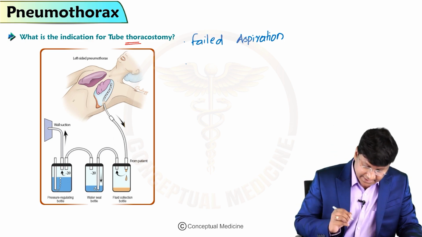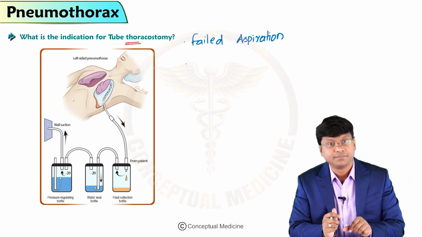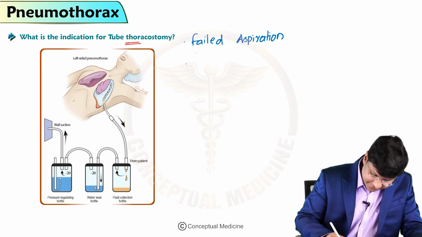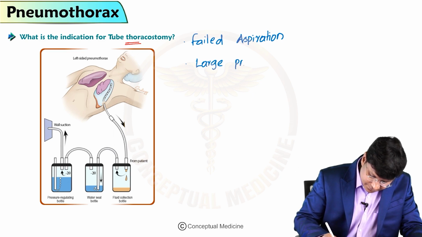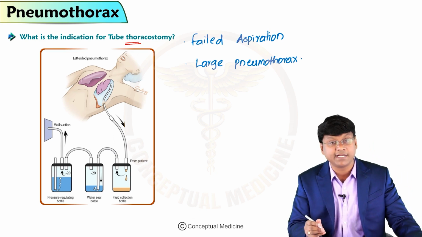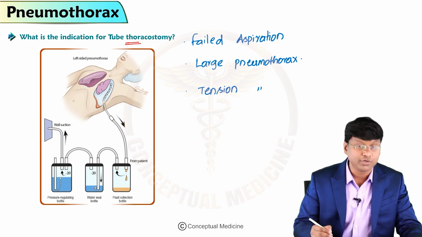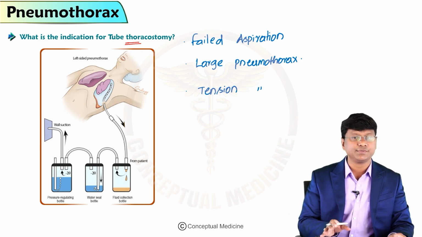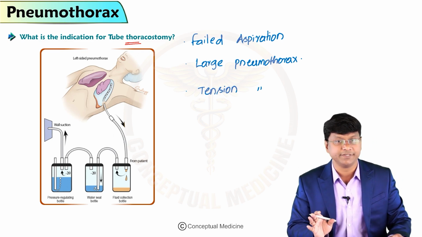The next important thing is the presence of a large pneumothorax. Then development of tension pneumothorax. In these scenarios, you need to do a tube thoracostomy.